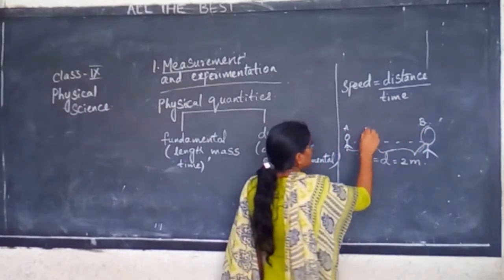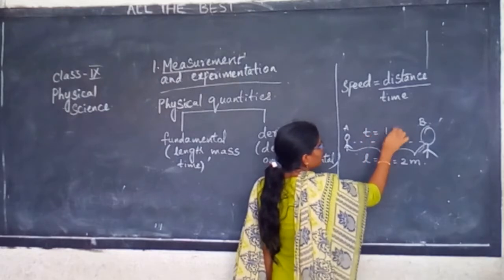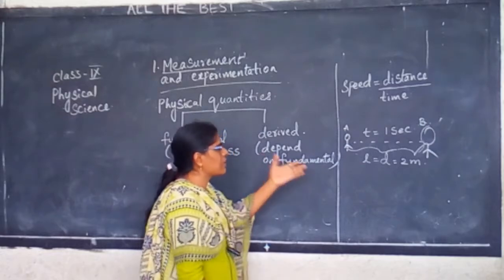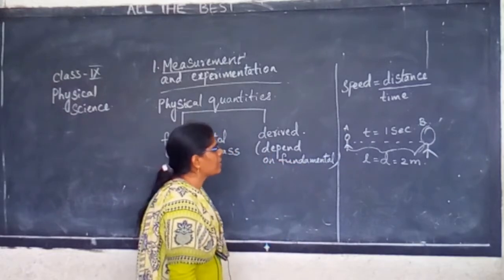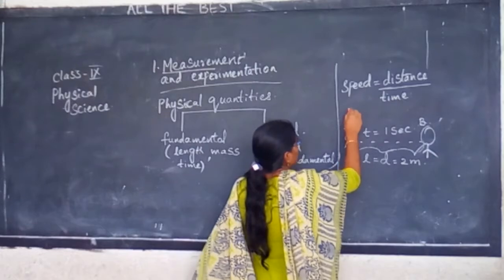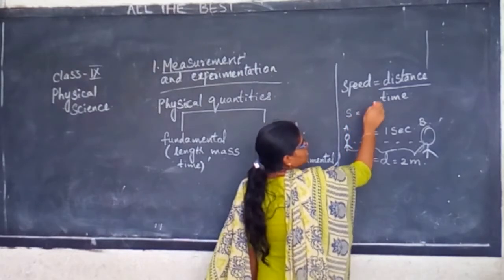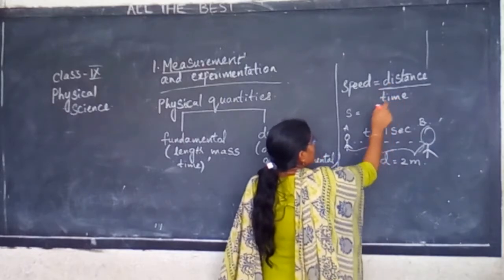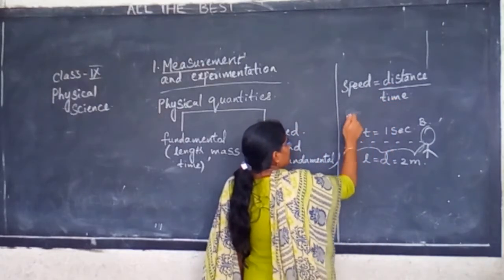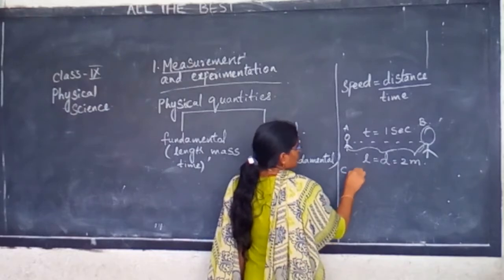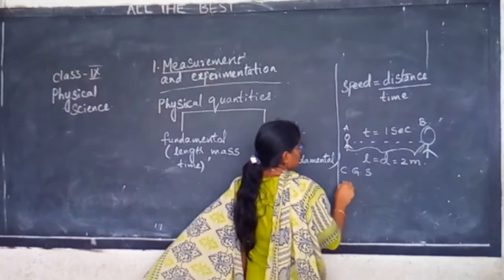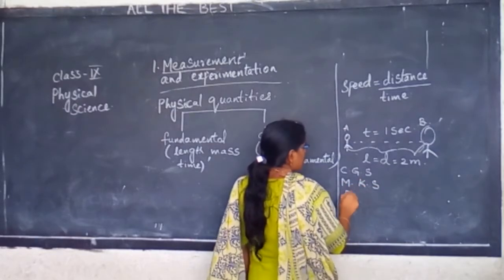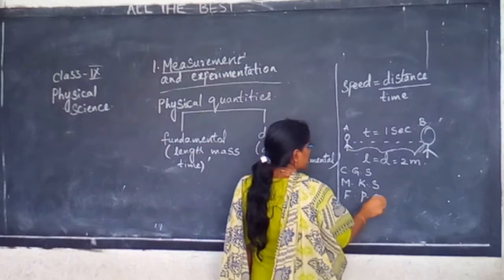Now what I said, time he has travelled for 1 second. 2 meters he has travelled within a time of 1 second. Now speed is equal to, see here, speed equal to distance by time. Already you have studied there are 3 systems. What are those? CGS system, MKS system and FPS system.